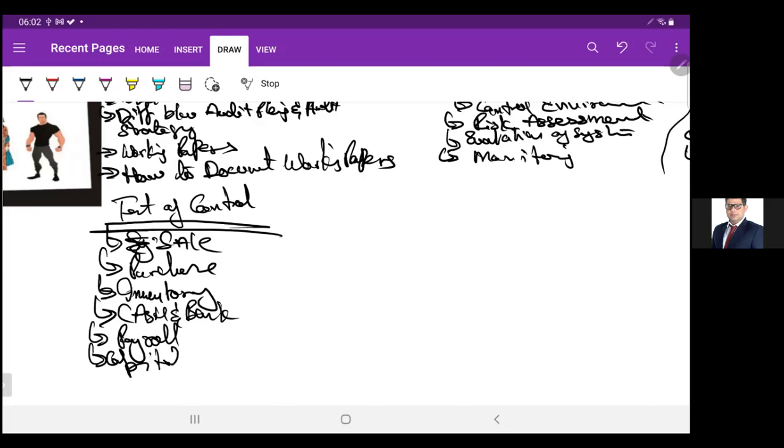In this, we will look at what the objectives of these tests of controls are, what the control procedures are, and what tests of controls we can place.